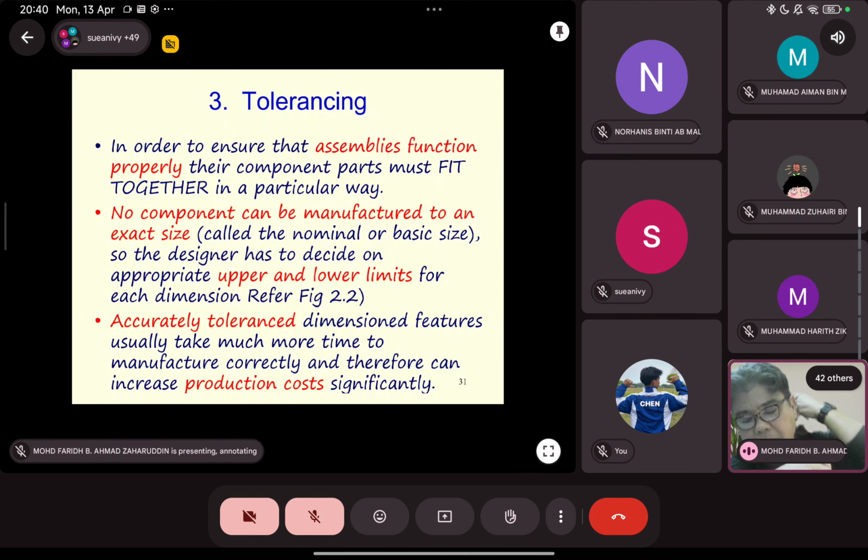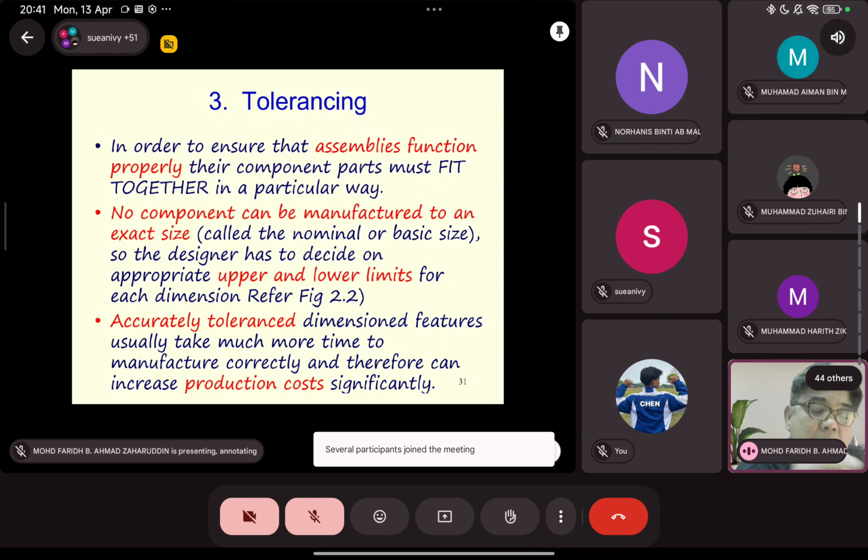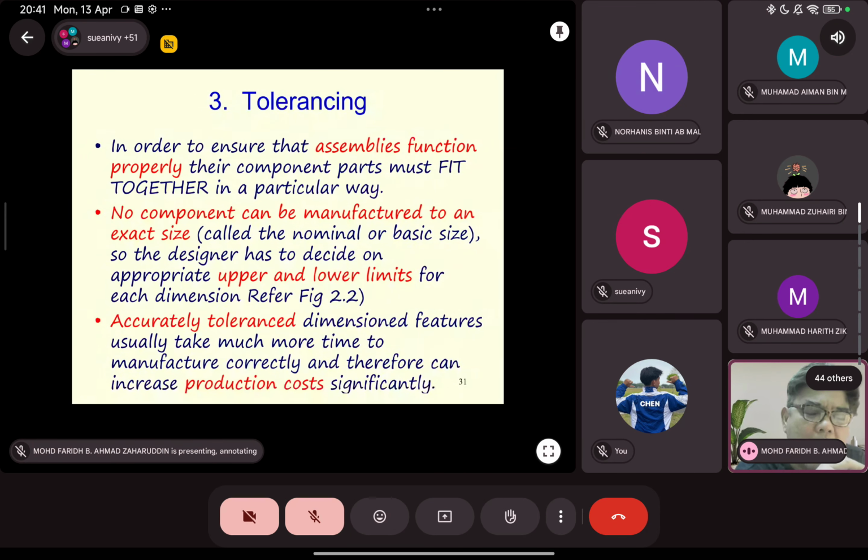So for example, if I say 20 millimeters plus minus 0.100, it means the upper limit is 20.100 and the lower limit is 19.900.